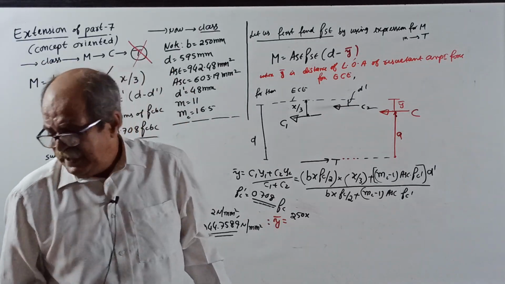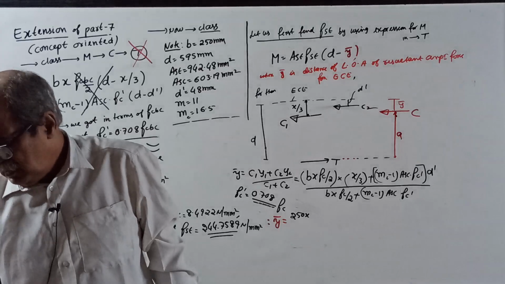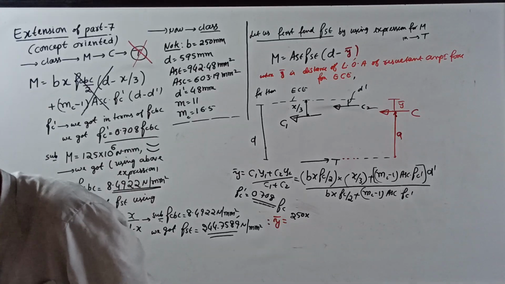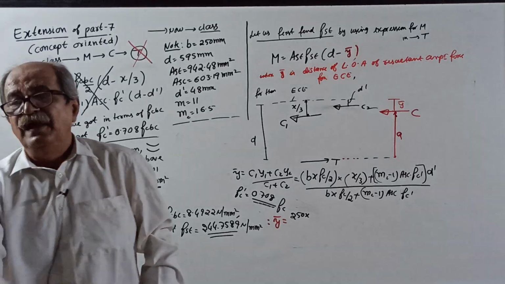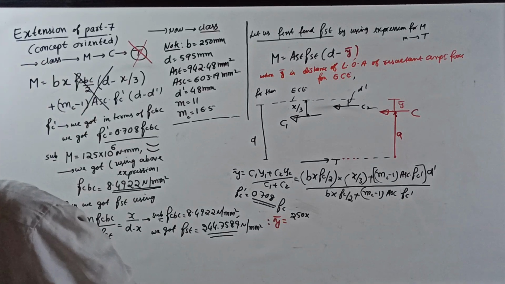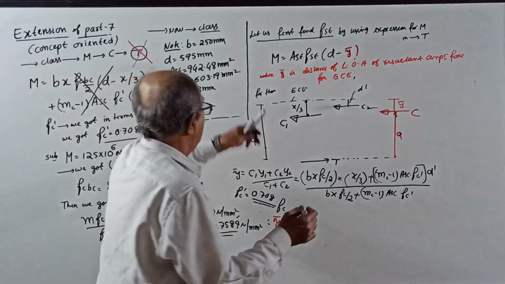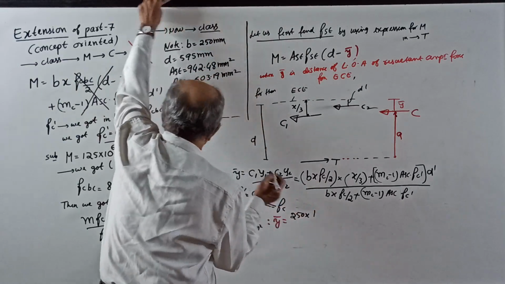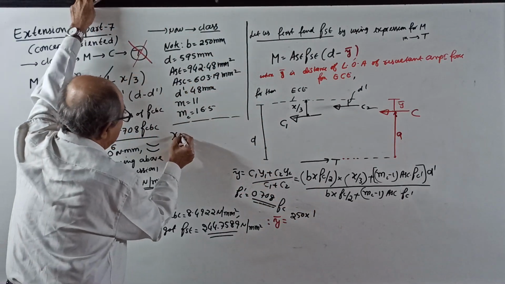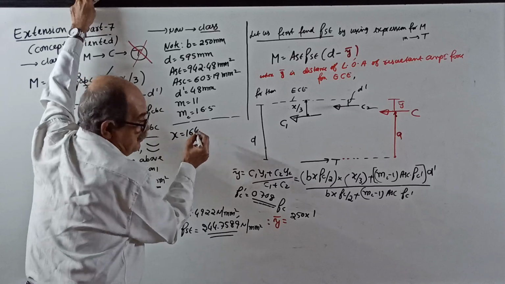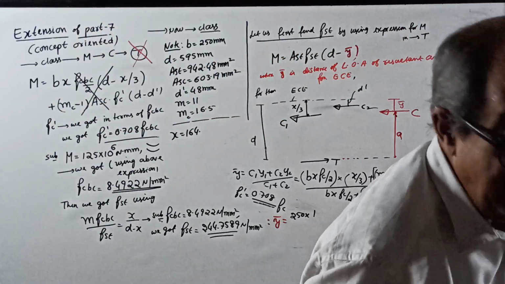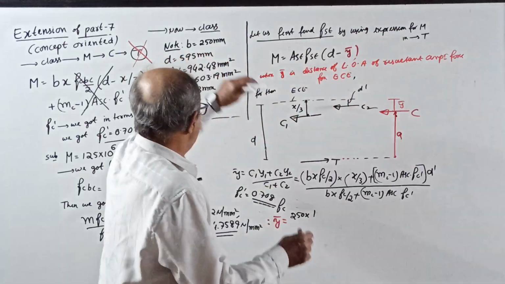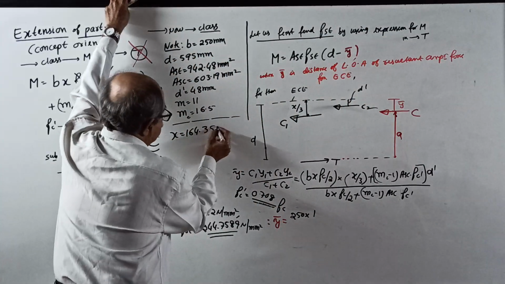I can't find x value once again. Where is it? It's there. 164.358. See, you already got x equal to 164.358.